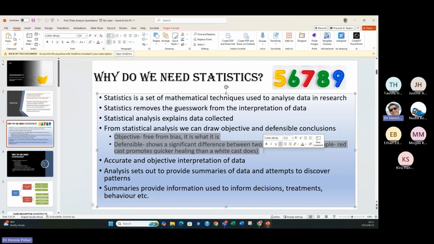Part of being objective is making sure that you divorce yourself from the actual stats and the analysis, and you allow statistics to do that kind of analysis. So key in terms of the golden thread is making sure that you are objective in the way you arrive at your findings, as well as the way you present those findings.